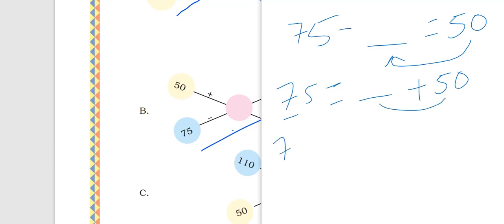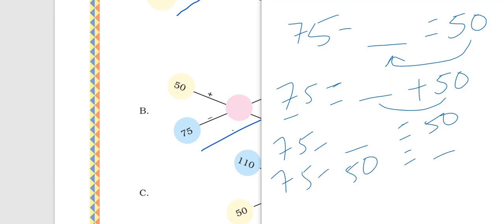So 75 minus x equals 50, or 75 minus 50 equals x, because when we add these two numbers, we get 75. So 75 minus dash equals 50 is also 75 minus 50 equals dash. Let's find out what goes over here.